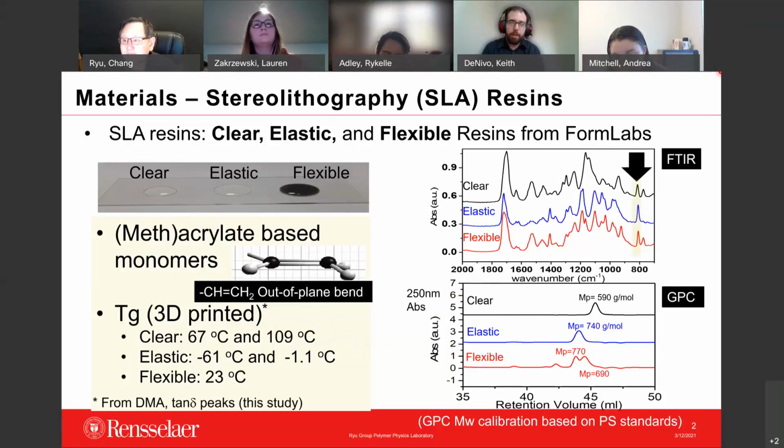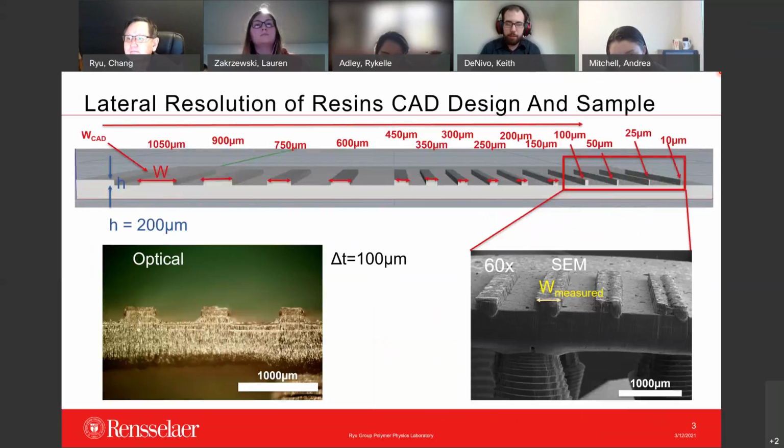Okay, so to test the lateral resolution of each of these resins, I designed a CAD file that had several lines along the surface. The lines are decreasing in width as you go from left to right.